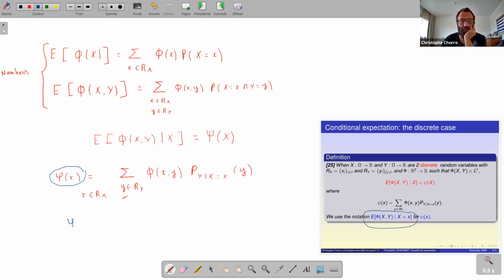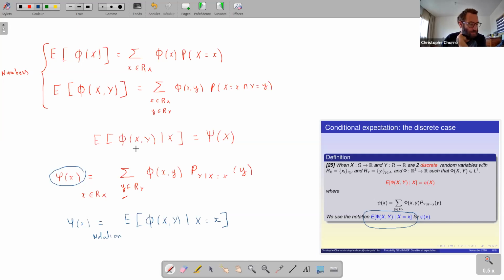I write it: psi of x is, by notation, defined as this. And why do we use this notation? Simply because if I plug capital X inside, I recover exactly what I need to have here. Okay.